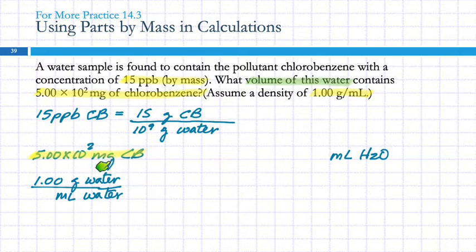So here I've got milligrams, and I don't have anything else that has milligrams in it. I've got grams. So we should probably take this to grams of chlorobenzene. And when we have grams of chlorobenzene, we can convert it to what? Grams of water. And then this density allows us to convert from grams of water to milliliters of water.